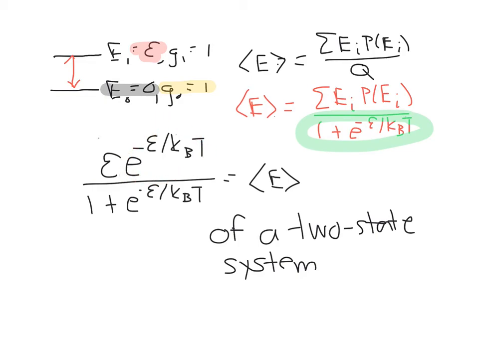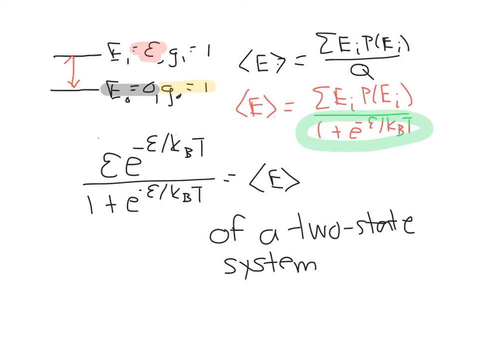So the fraction of particles in the upper state will decrease as epsilon increases. And that makes the average energy smaller as epsilon increases.